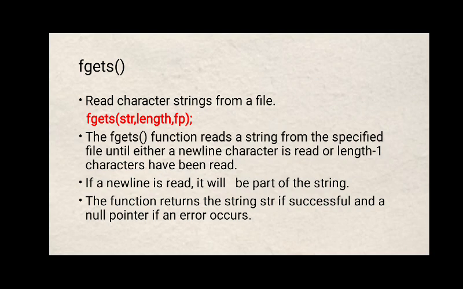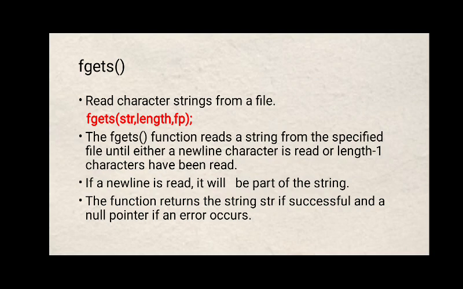What happens in fgets is it will read a string from the specified file either until a new line character is read or until length minus 1 characters have been read. That is, if you are giving the length 30, it will either read the first 29 characters, or it will read until you reach a \n character or a new line character. So that is what happens in fgets.